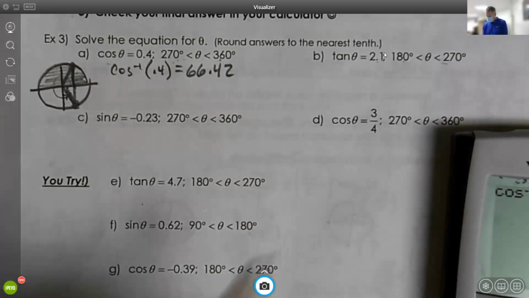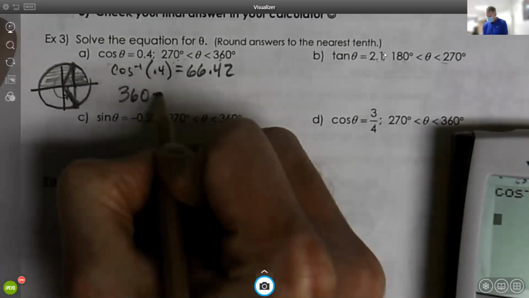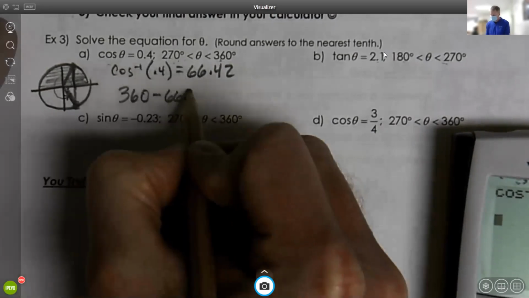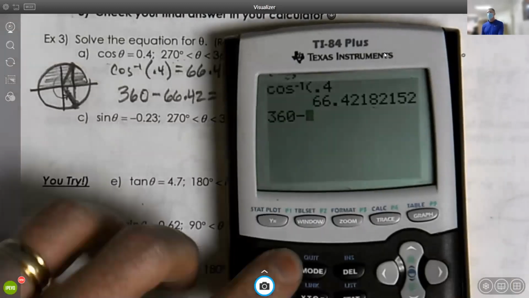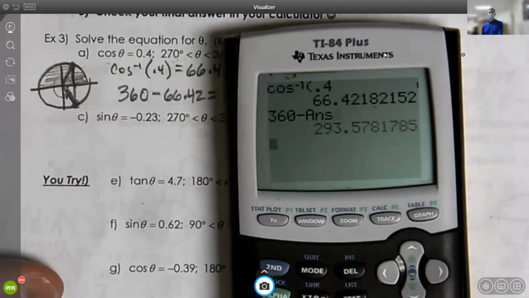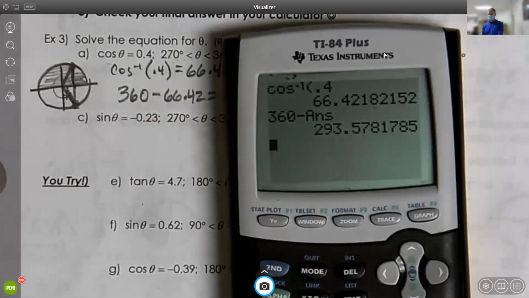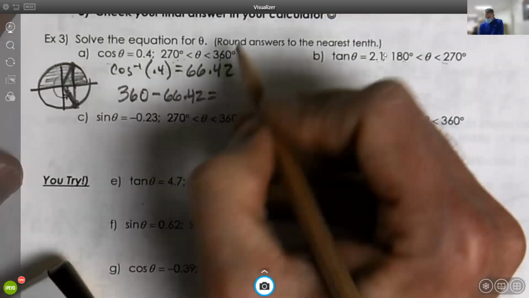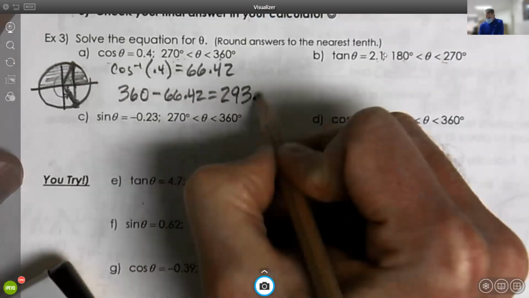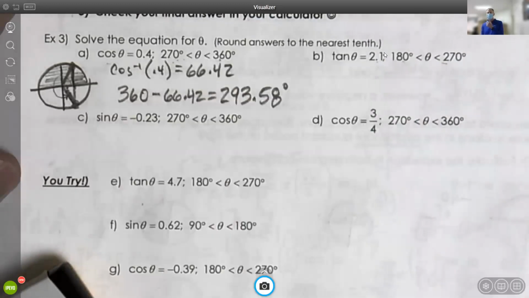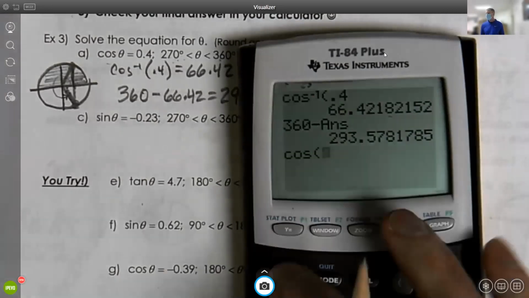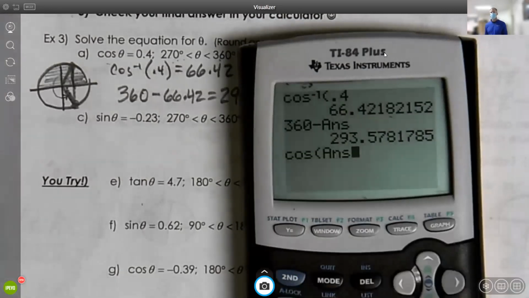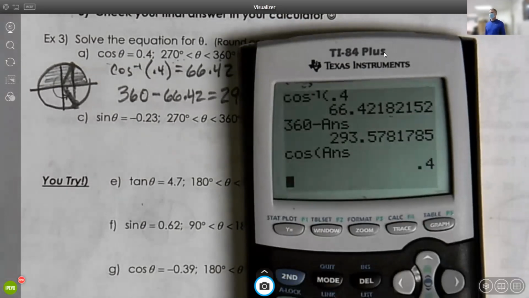So we're going to take 360 and subtract 66.42, because we only want to round our final answer, and we get 293.58 degrees. If you take that angle and do cosine of it, you'll get exactly 0.4. You can check your answer. It's kind of cool.